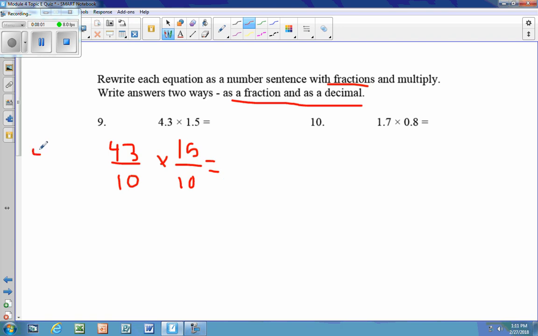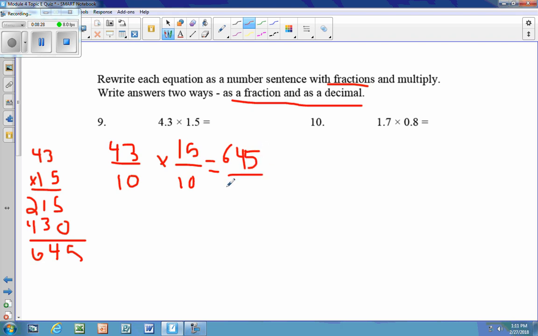So I come on the side over here and I do 43 times 15. And then we add it all up and we end up with 645. So we have 645 over 100. That's my fraction answer, and my decimal answer would be 645 hundredths, because that's the hundredths place.